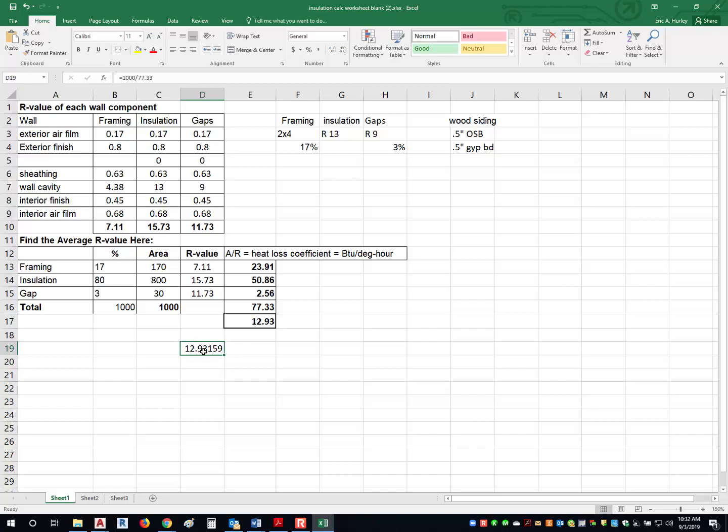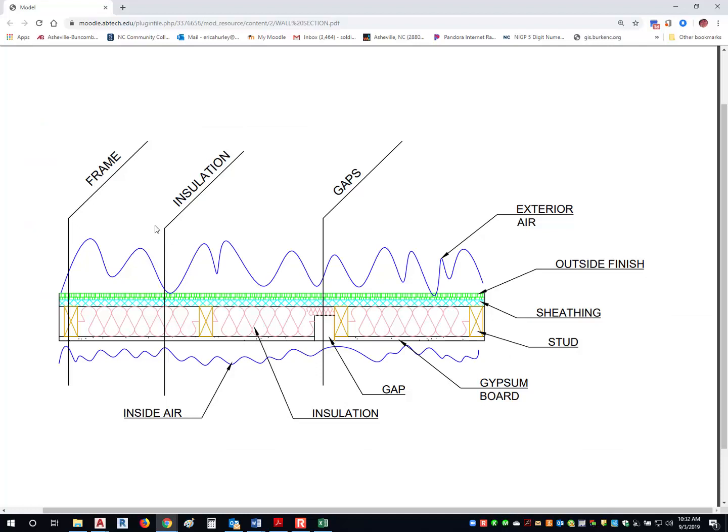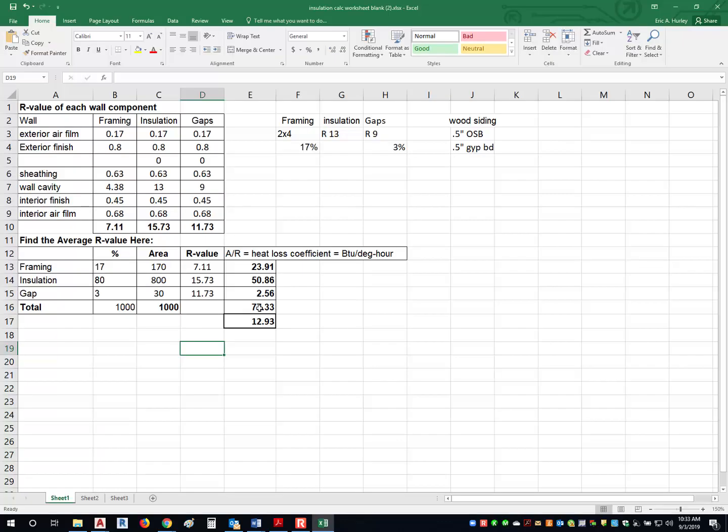So the average weighted for this picture here, all right, the frames were weighted at 17%, 80%, 3%. We add them all together, we take 1,000 square feet, total area, divide it by the total R value, then this is going to be our average R value for the wall, per wall.